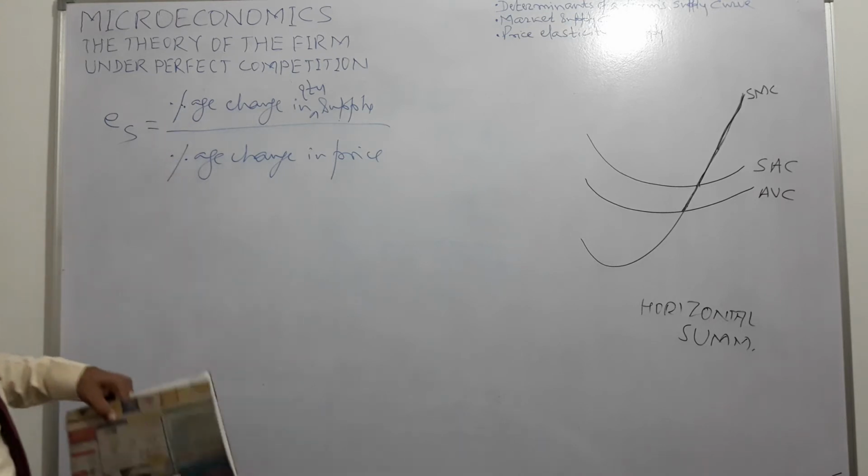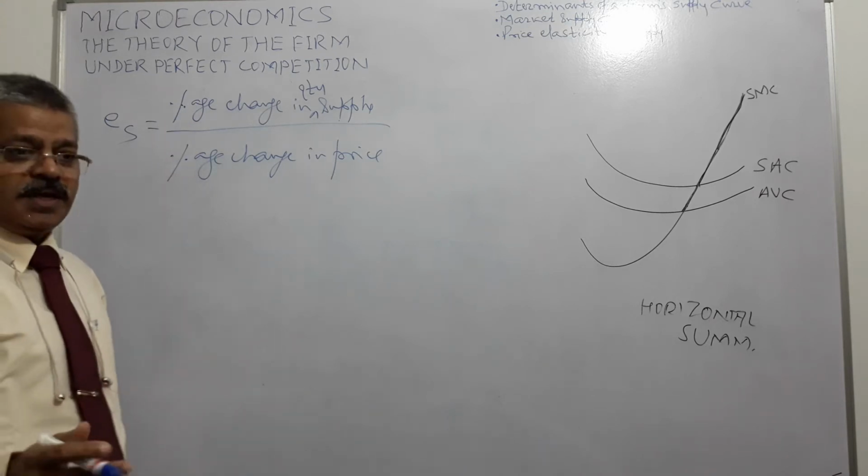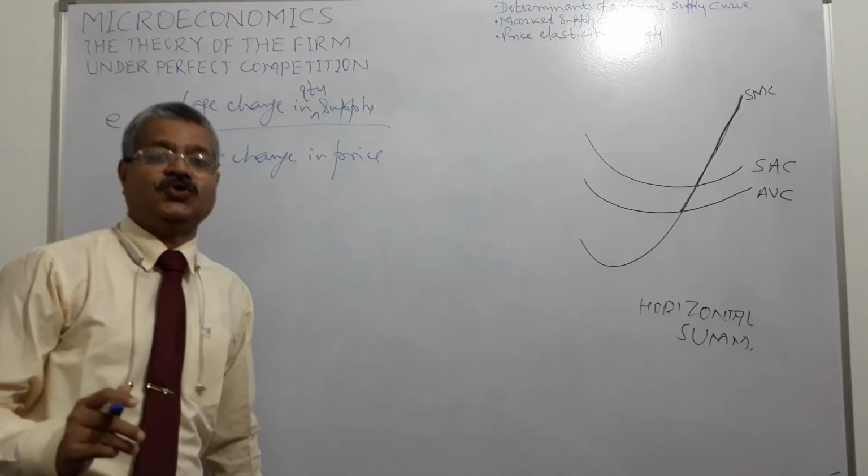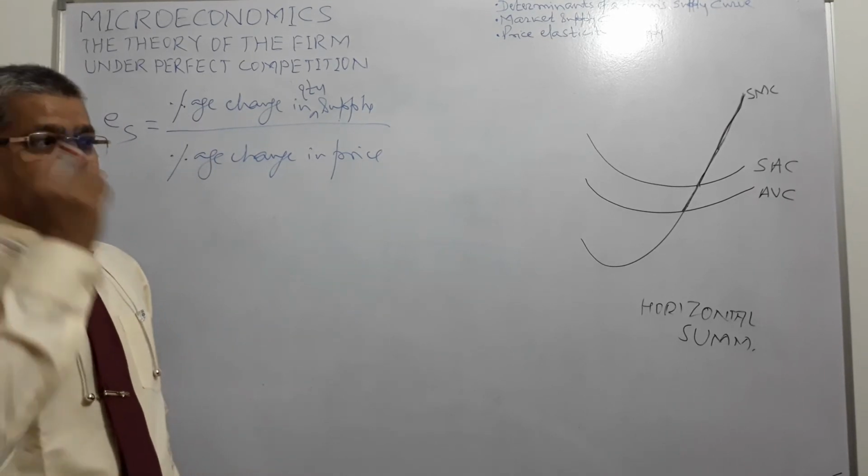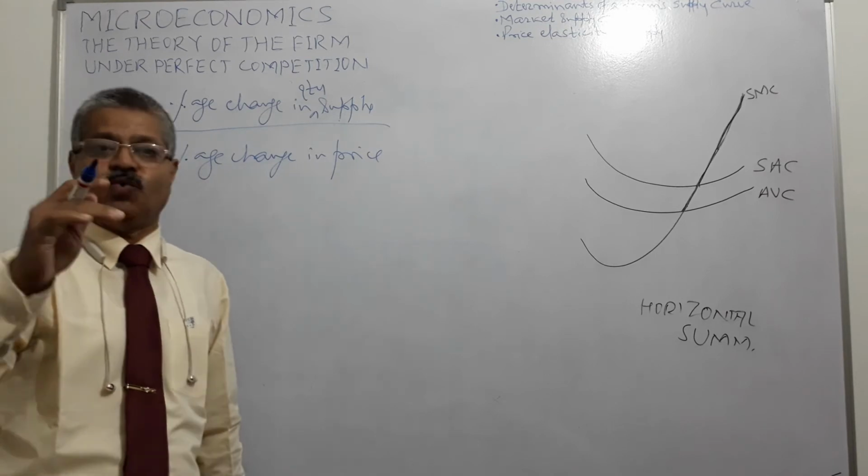So how do we get it? Suppose initially quantity supplied is Q0 and it increases to Q1.